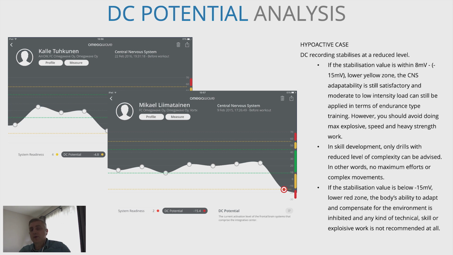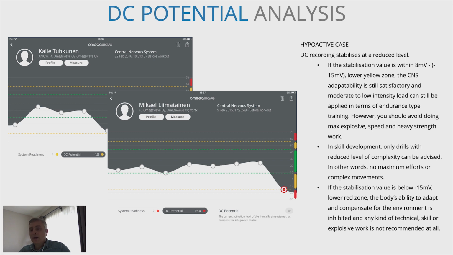So if I'm a shot putter or a javelin thrower or a pole vaulter or any other highly explosive event, my ability to perform my technical work with highest precision will be inhibited. And because of that, rather than learning the optimal skill, I will be learning how to adapt to the inability of the nervous system to utilize highest threshold muscles, which means my technical execution might not be optimal to what I would like it to be in the competition.